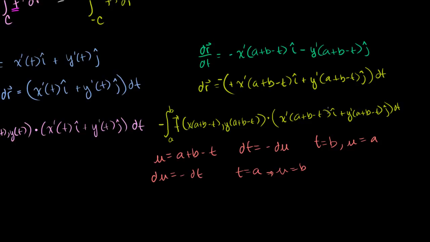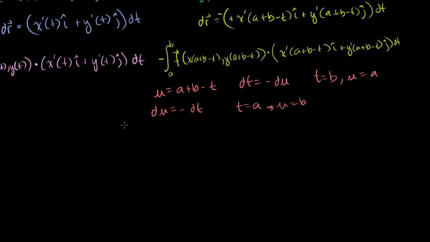So this thing, using that substitution, and this is the whole point, simplifies to minus the integral from u is b, when t is a, to u is a, when t is b.